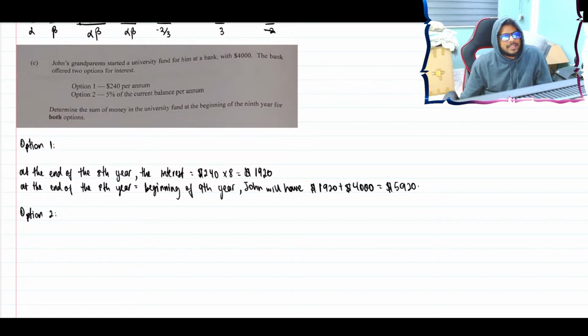So we're looking for S8. Yes, this will follow a geometric progression. 5% of the current balance per annum. All right, so we do the geometric progression method first, and then we do the rigorous method after.